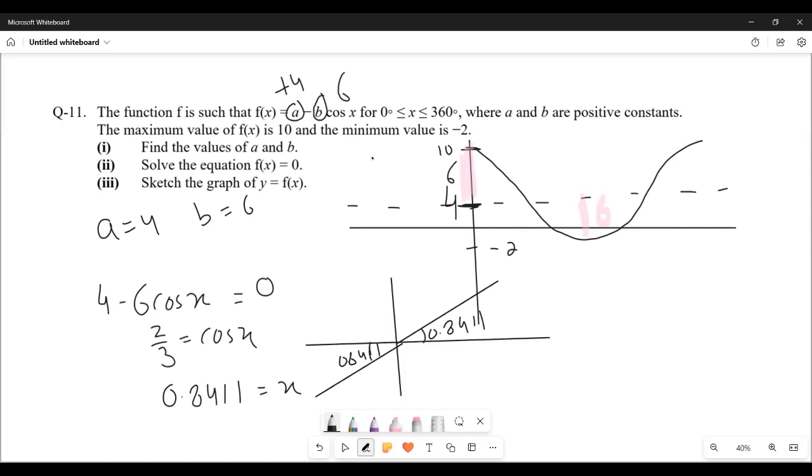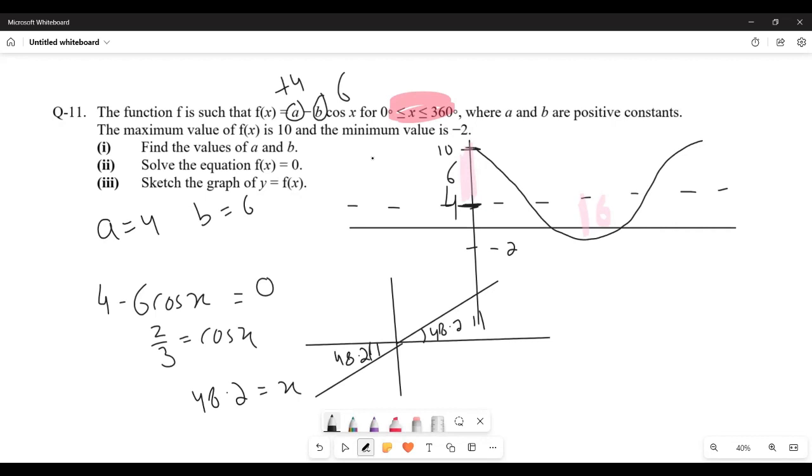Oh, the question is in degrees. I'm going to lose marks here. So I'm going to go back, change my calculator settings to degrees, and I'm going to take cos inverse 2 by 3, which is 48.1. 48.2 after rounding to 1 decimal place.